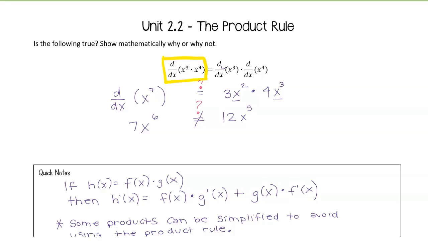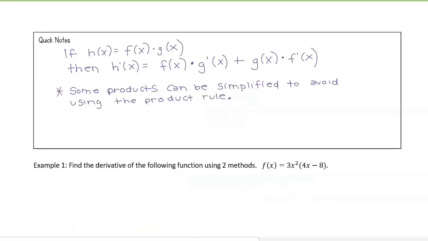But if the directions say explicitly that you must use the product rule, then you'll have to use the product rule. Also, the formula for the product rule will most likely not be given to you, so this is a good one to memorize.